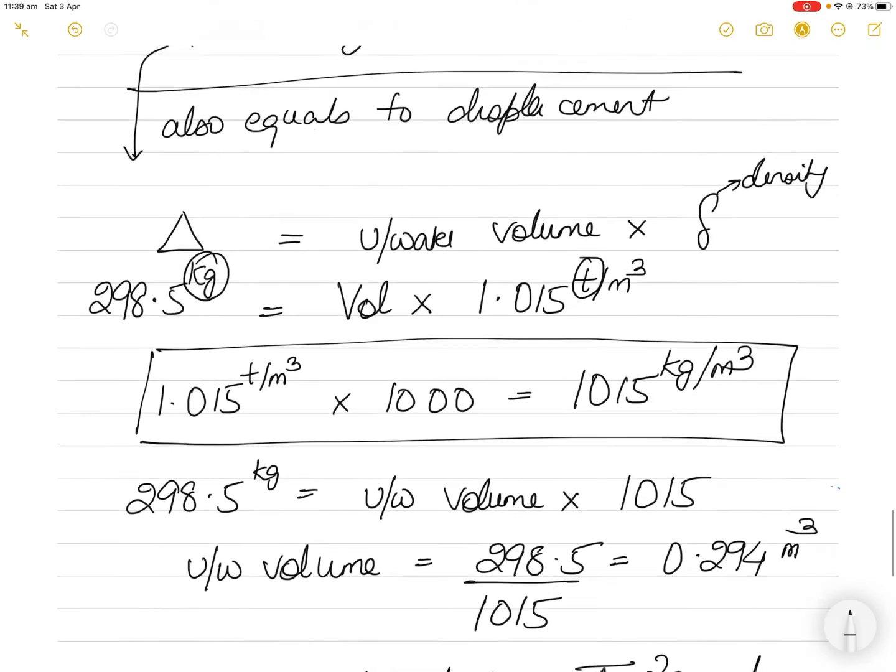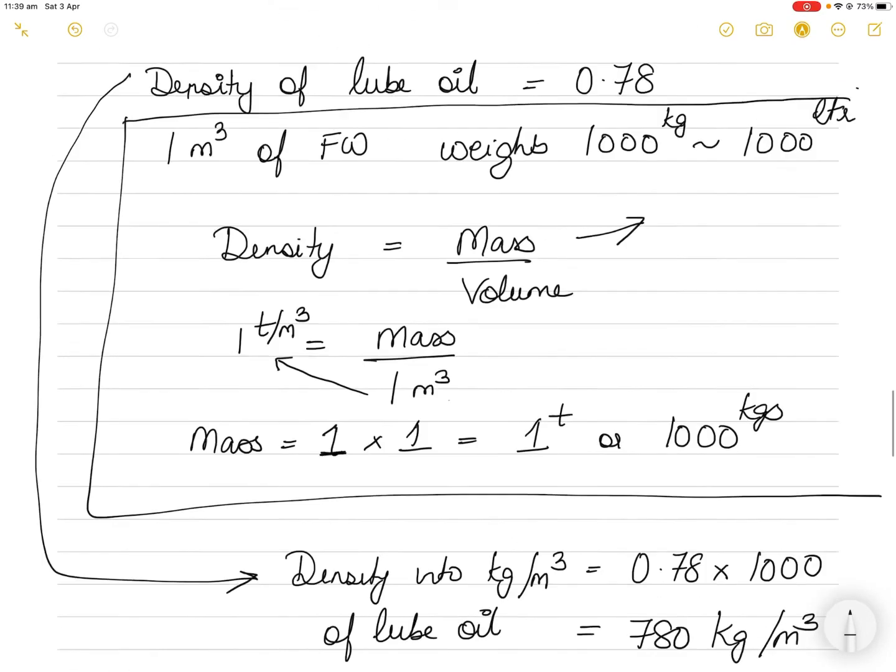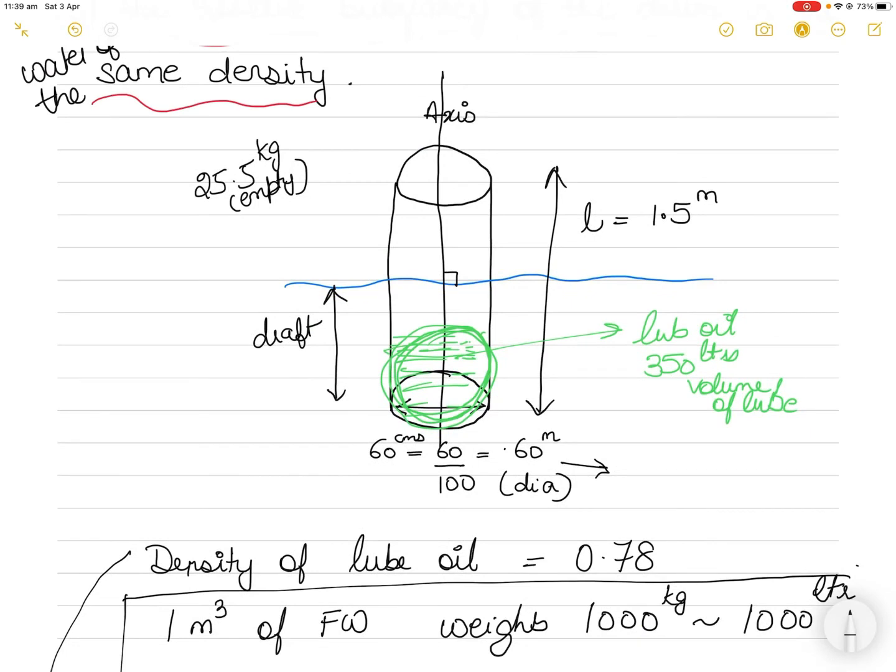Now how does this help me to calculate reserve buoyancy? Because now that I have got the draft, I know that out of 1.5 meters, this is 1.039 meters. So this remaining height of the cylinder is what gives me the reserve buoyancy. And because this is an empty space, so there is no water ingress here, that will give me the reserve buoyancy.